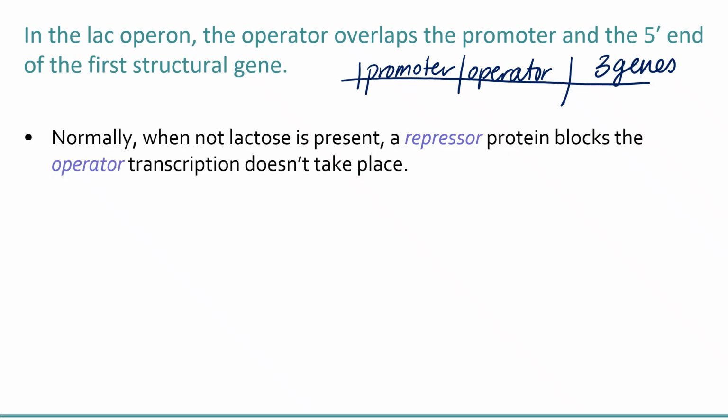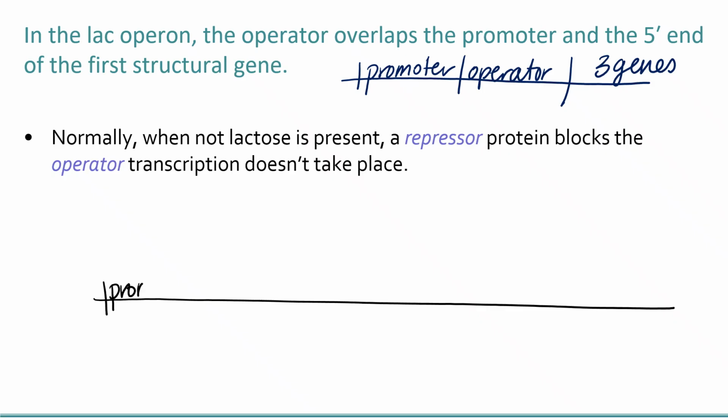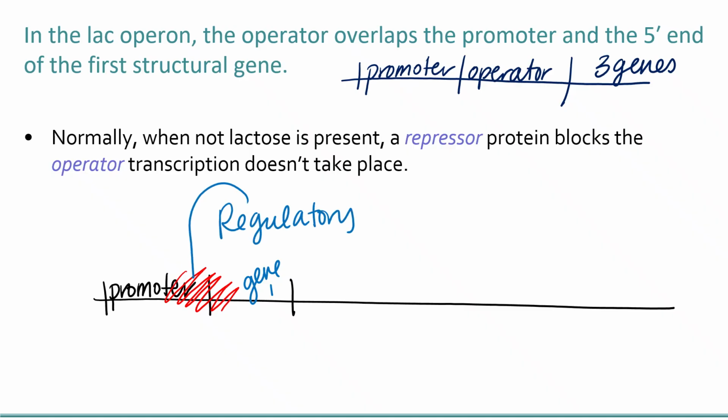So what it's really doing is we've got our promoter sequence here at the beginning, and then we've got this sort of gray area, operator sequence or region, that overlaps with our first gene. So remember that the operator is the site of binding of our regulatory protein or regulatory gene. So it's going to bind at that operator.